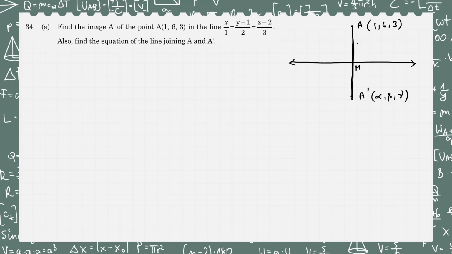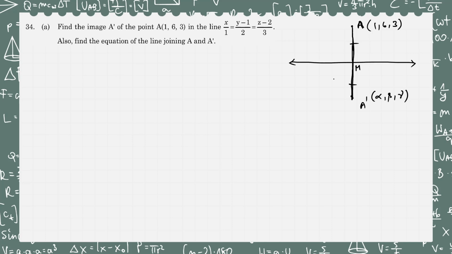The distance between the object and the mirror and the image should be equal to each other. So MA and MA' should be equal to each other. That means M is the midpoint of AA'. So we have to keep this in mind before solving the sum.